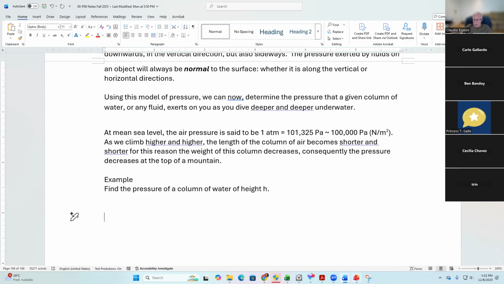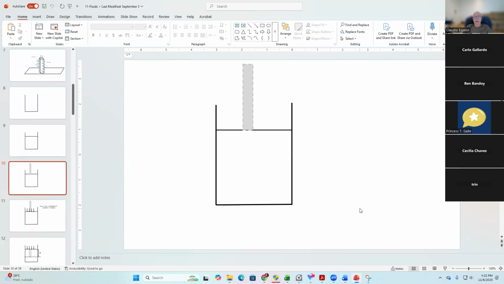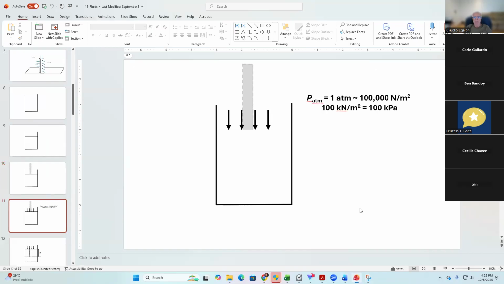Going back to my drawing, that's how I represent the pressure at the surface of this water, at mean sea level. 1 atmosphere is approximately 100,000 Pascal, 100,000 newtons per meter square, kilonewtons per meter square or kilopascal.